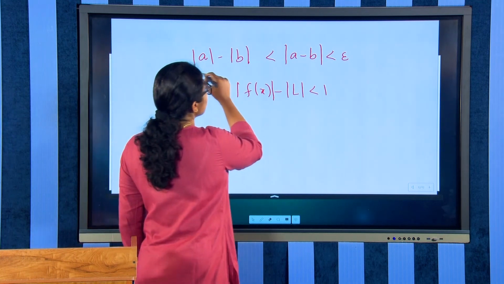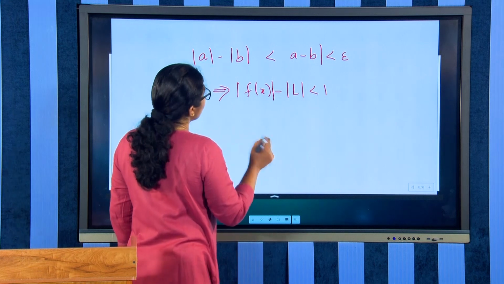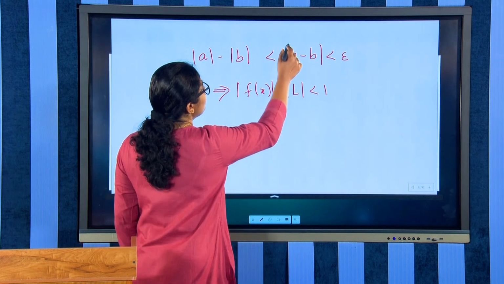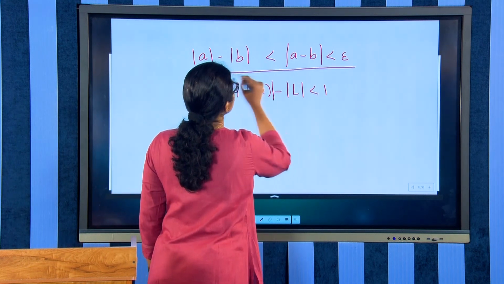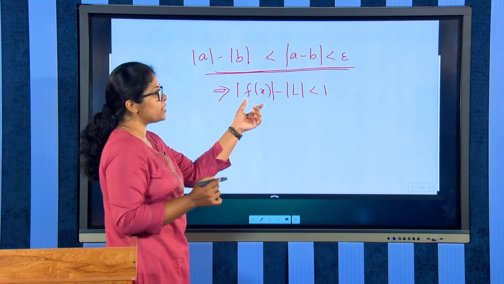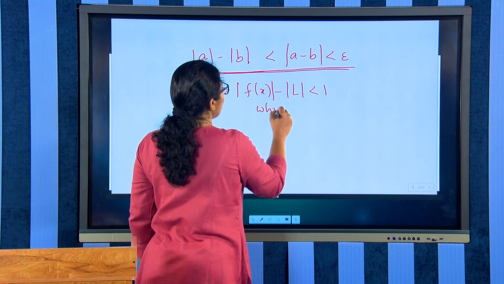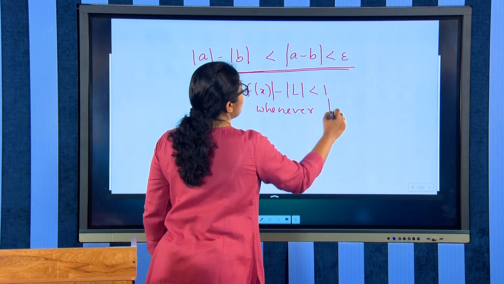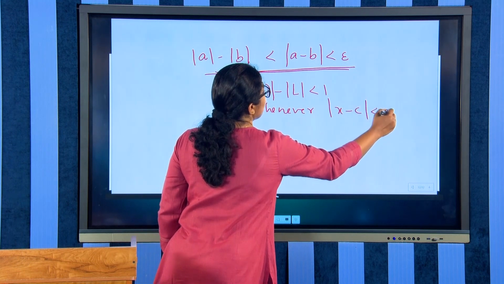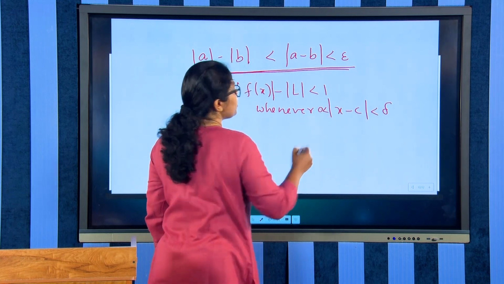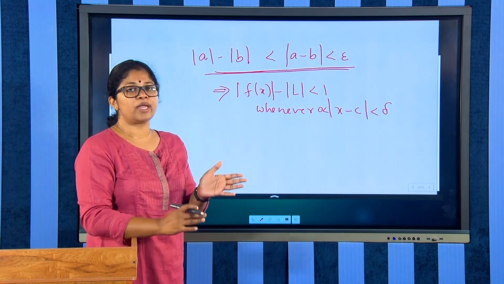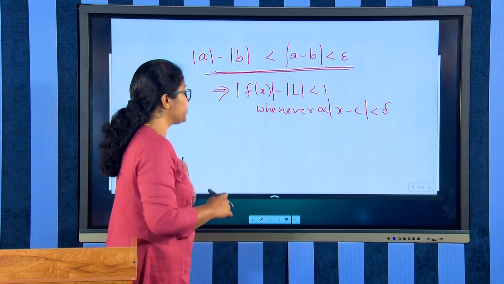So, using this result we will have modulus of f of x minus modulus of L is less than 1 whenever modulus of x minus c is less than delta. I am omitting 0 less than because obviously whenever the modulus sign comes it is greater than 0.